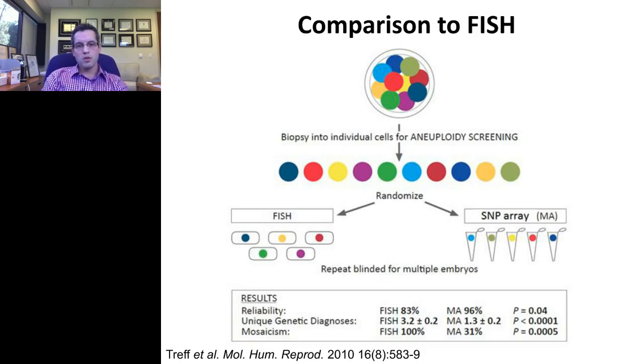And actually, when you look at the results, the FISH-based methodology failed to give a consistent diagnosis in any of the embryos assessed, and actually would have predicted 100% mosaicism. And that was significantly higher than the level of consistency we saw with microarray, where we would have only predicted a 31% mosaicism rate.